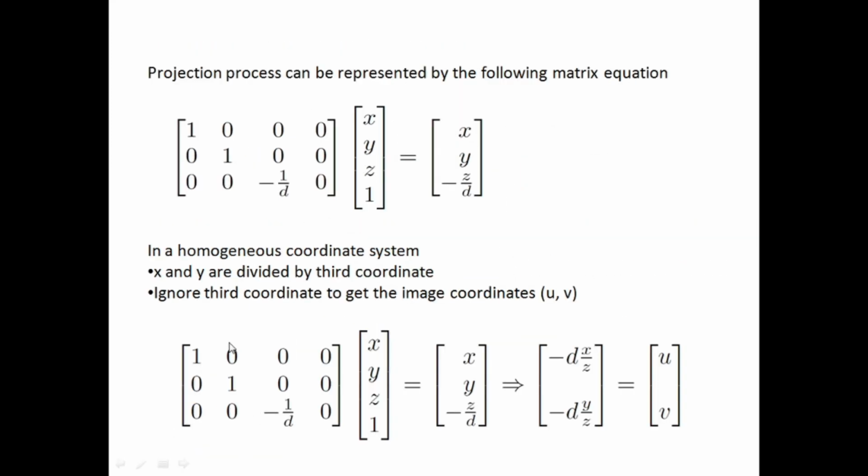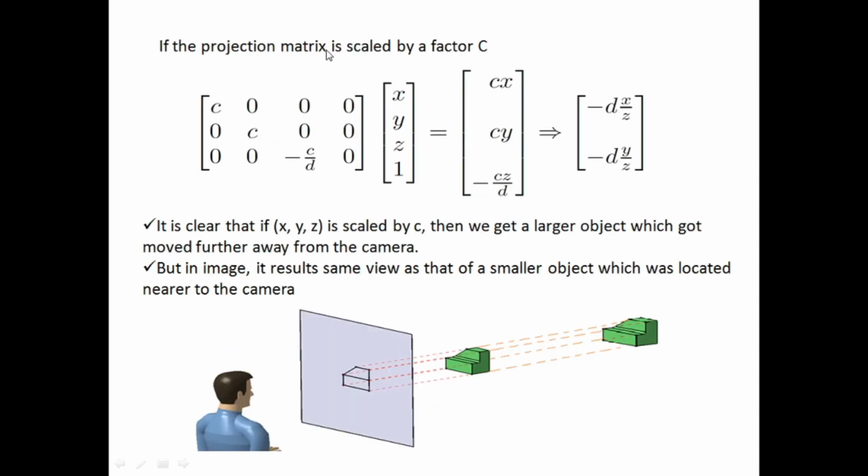Suppose, as I have said, that this is the perspective projection matrix. If this projection matrix is scaled by a factor c, what is it inferring? It means x comma y comma z is also scaled by c.